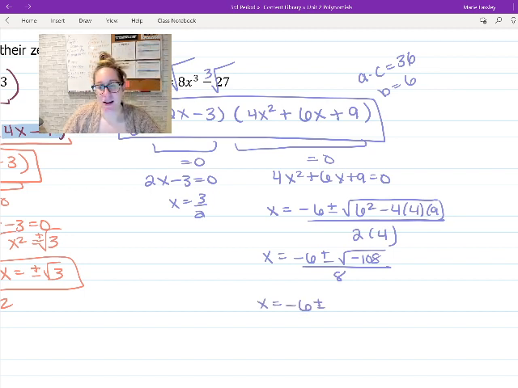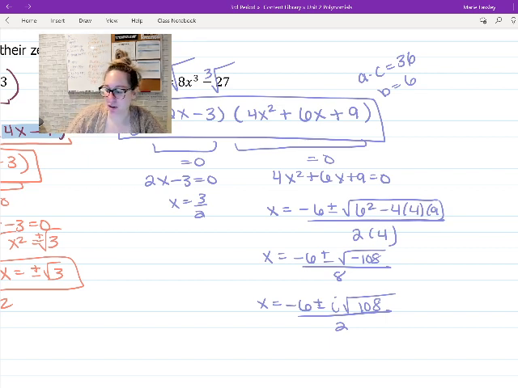First off, for the square root of -108, I'm going to go ahead and pull out that i. And 108 can be simplified even more, so yes, I do want you to simplify that. 36 goes evenly into 108. 108 divided by 36 is 3.